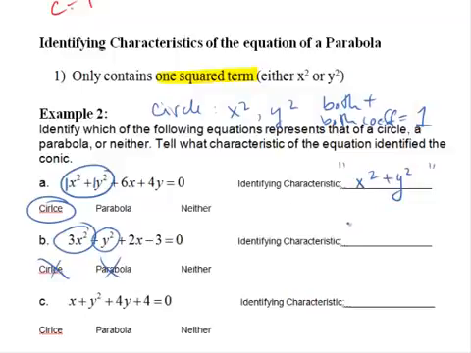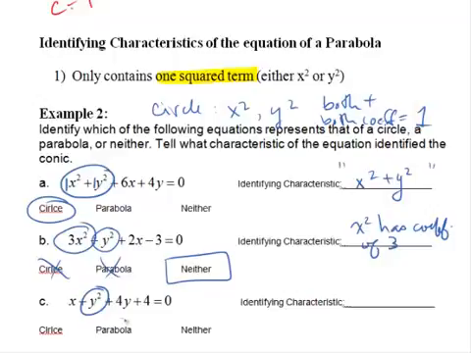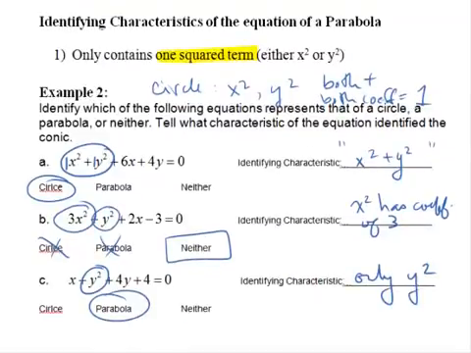So we'll say it's a neither. We'll say x squared has a coefficient of 3. And then on our next one here, there is only one y squared term. So that's your parabola. All right, so that's your intro to parabolas.